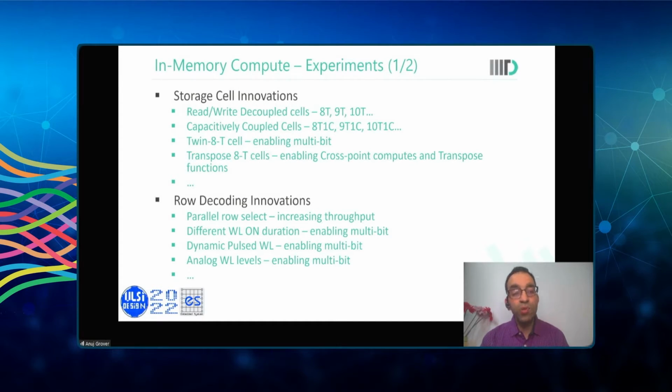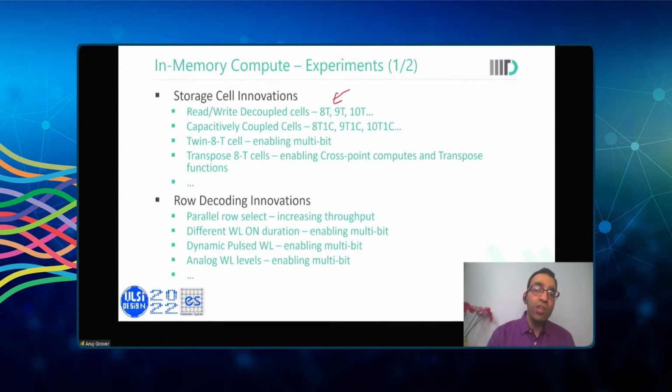There are innovations which are about bit cells. We talk about read and write decoupled cells. Again, you increase the size of the memory cell. You go to 8T, 9T, 10T cells, even bigger ones. You are also talking about capacitively coupled cells. Again, 8T with capacitive coupling, 10T with capacitive coupling, 12T with capacitive coupling.